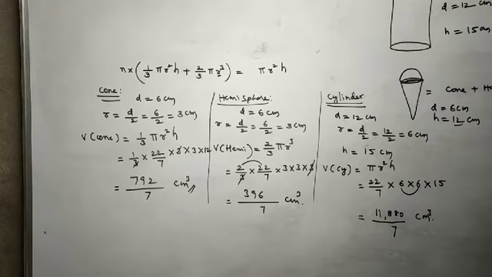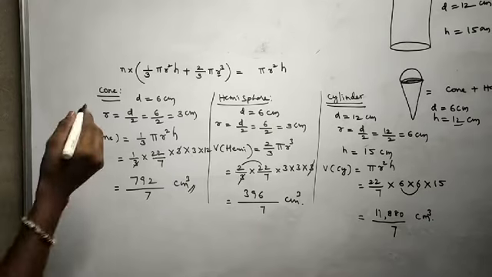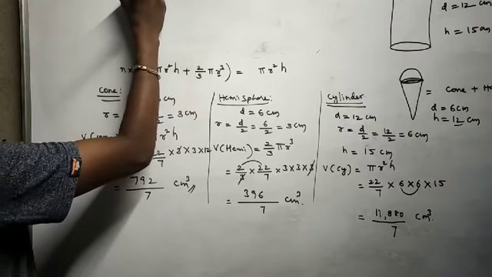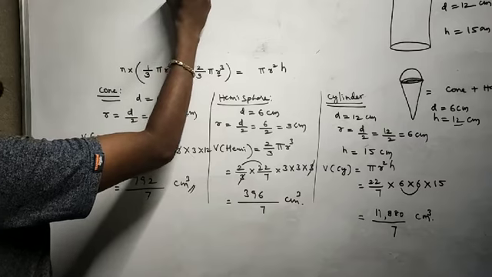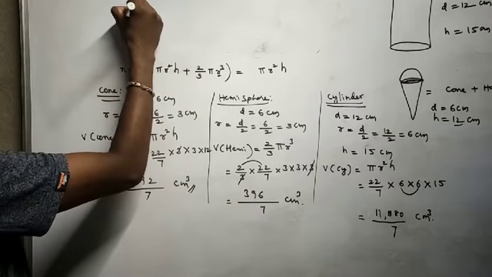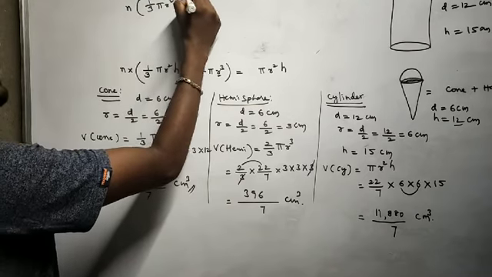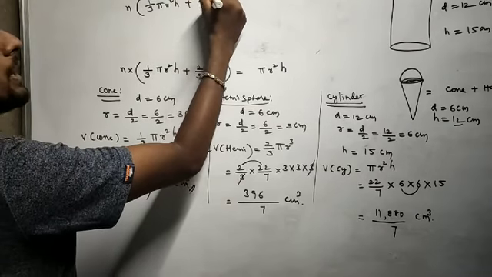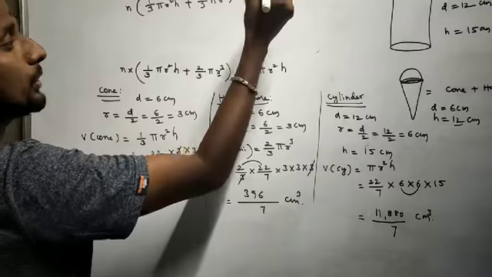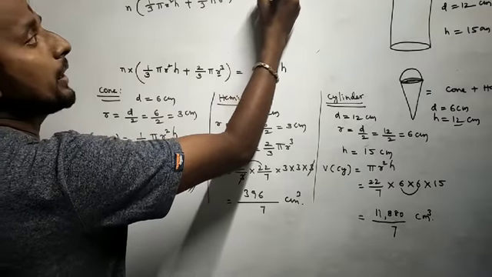That is the formula, n into 1 by 3 pi r square h. By the problem we decided that n into 1 by 3 pi r square h plus 2 by 3 pi r cube equals pi r square h.